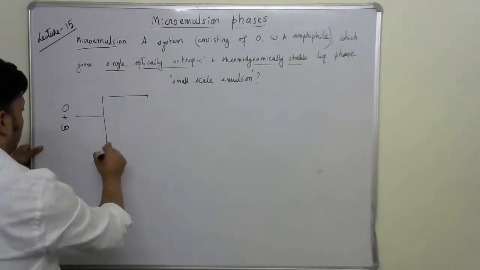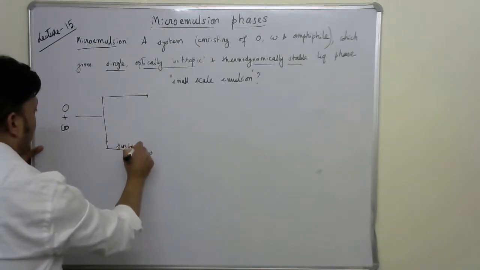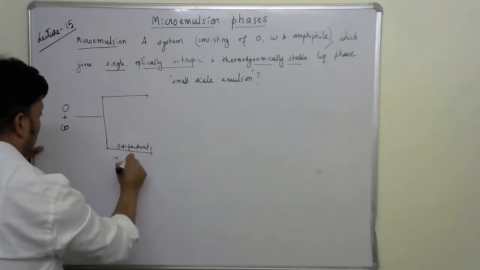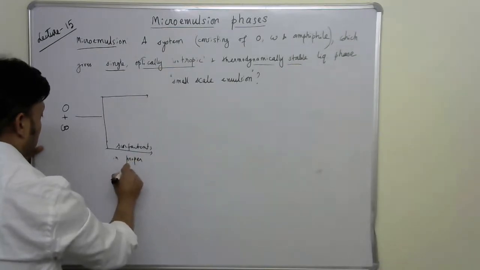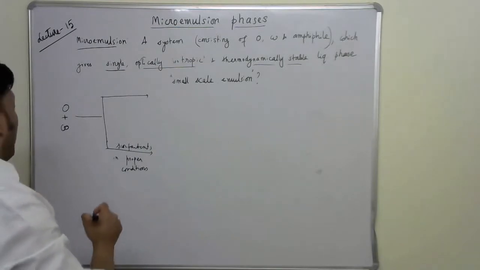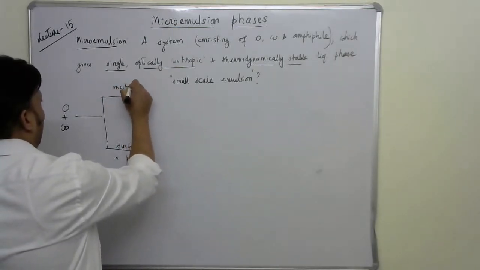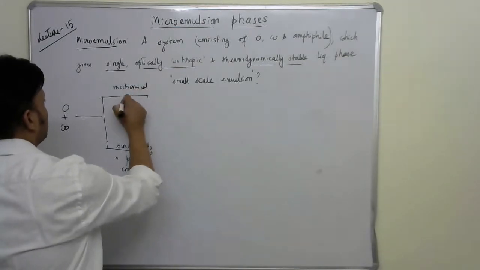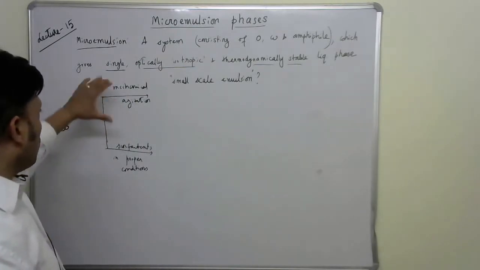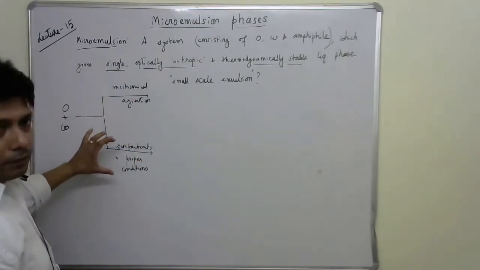Either we add surfactants or amphiphile in appropriate amount, in proper conditions, or we can have mechanical agitation, that means stirring. So here we don't add surfactant and here we add surfactant.